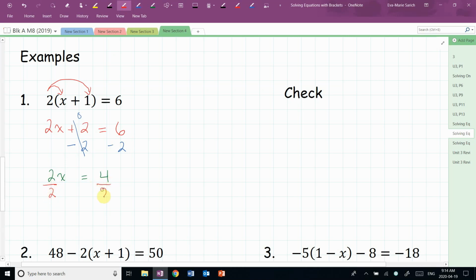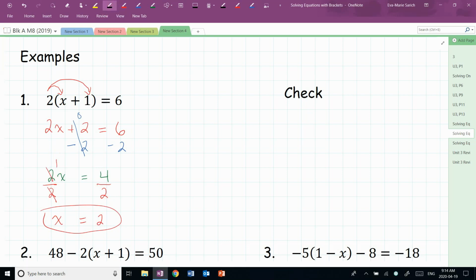You must do the same thing to the left and the right, so we'll divide the right by 2. This allows us to isolate the variable because 2 divided by 2 gives you 1, and 1x is the same thing as x. x is now all by itself. On the right-hand side, we have 4 divided by 2, which is 2. We've solved it.